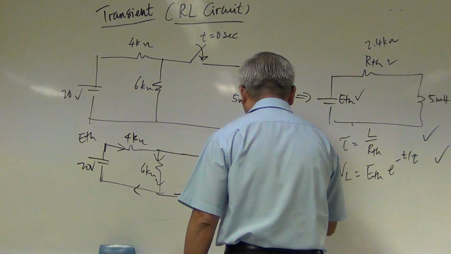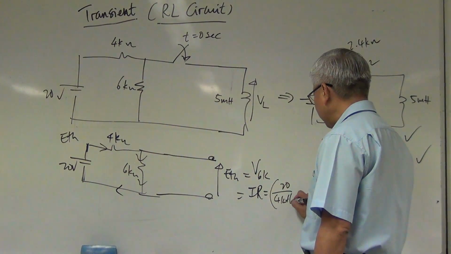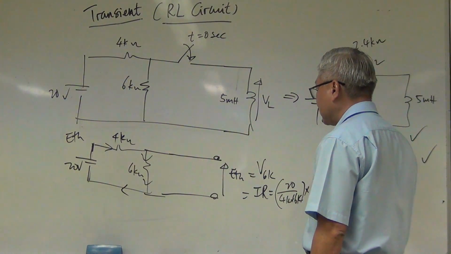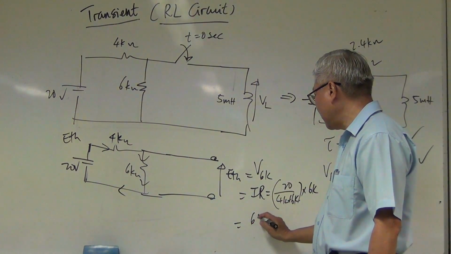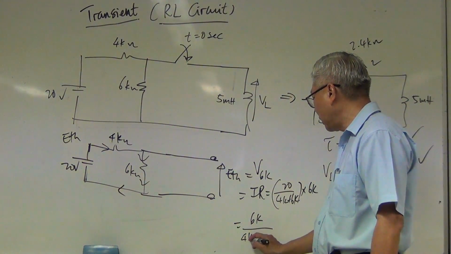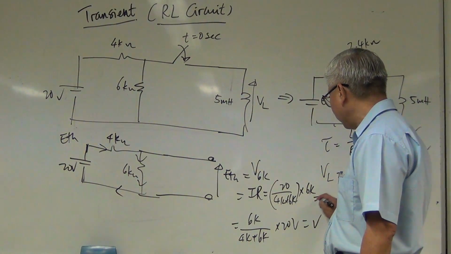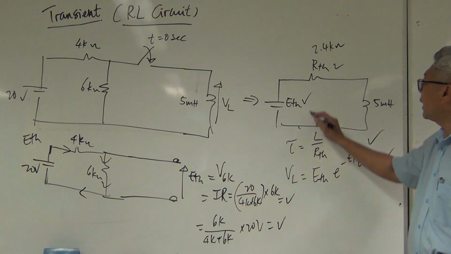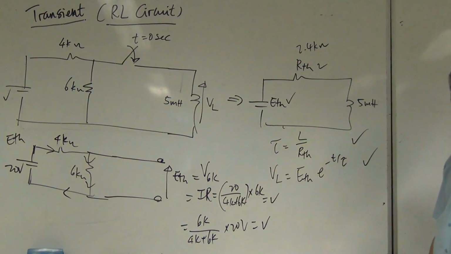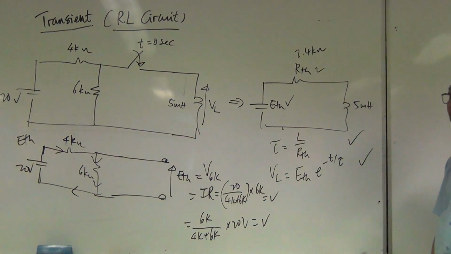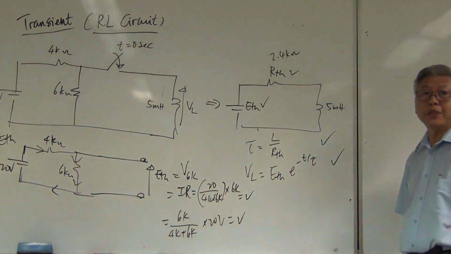If you use I times R, I is equal to 20 over 4K plus 6K, multiplied by the resistance 6K. Or you can use voltage divider, 6K over 4K plus 6K, multiplied by 20. The answer will be the same. So with that, ETH is found, you substitute it, and you can get all the answers. That is Thevenin's theorem applied when the circuit is not a simple series circuit.